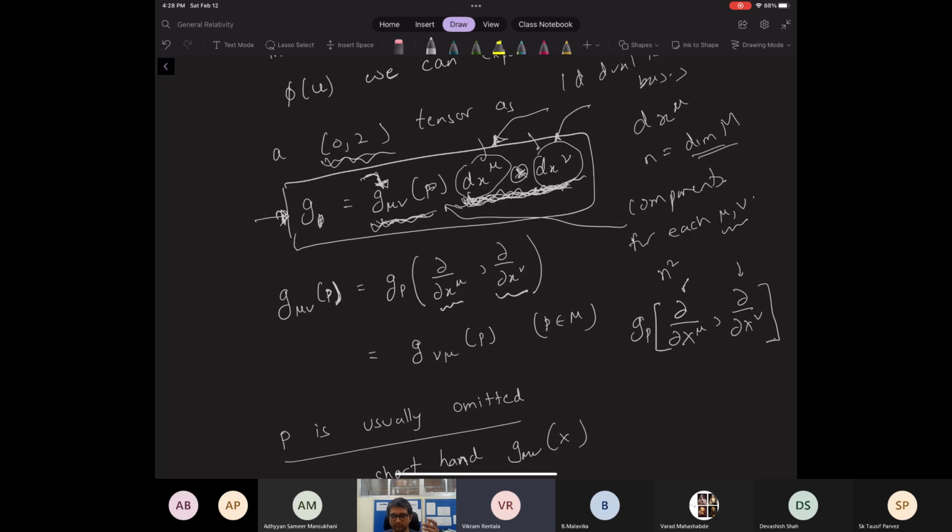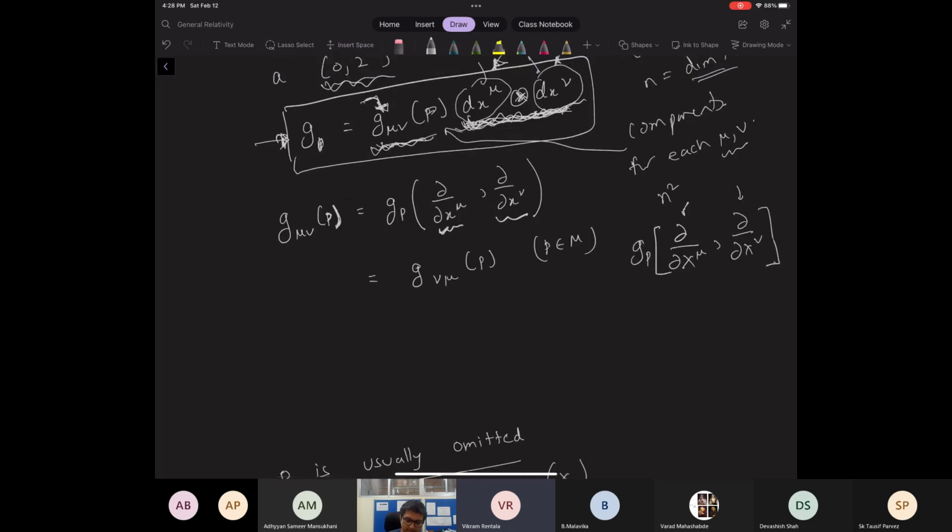The output should be a real number. And the answer is that if I supply these two as the inputs, then the output that you will get is just g mu nu P. That is, you will get that particular coefficient.